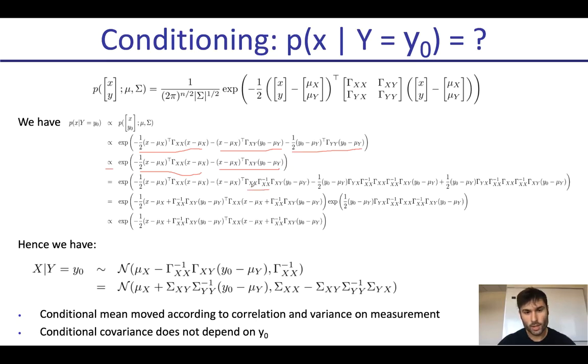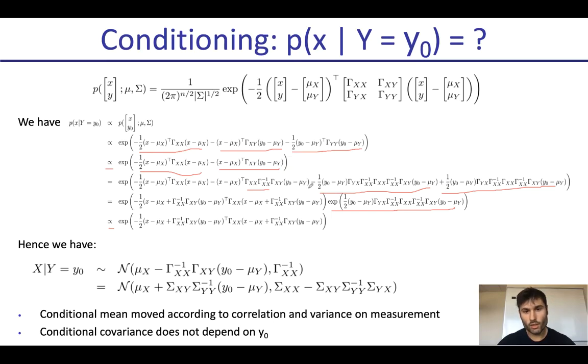We're just multiplying by 1, doing gamma xx times gamma minus 1 xx, and adding and subtracting the b squared term in the completion of squares. This b squared term doesn't depend on x, so we'll move it away and say it's proportional.